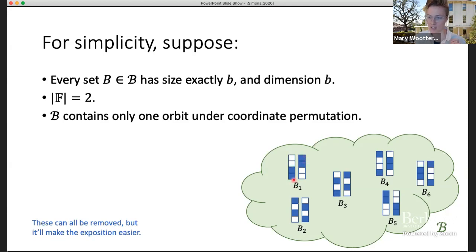So in this case, each of these bad sets has size exactly 2 and also dimension exactly 2. In this case, these 2 vectors are linearly independent. Let's also, just for ease of drawing things, assume that the size of F is 2. And let's also assume that curly B contains only 1 orbit under coordinate permutation. So all of these assumptions can be removed. It's just going to make the exposition a little bit easier. So basically, we're just assuming that the situation looks like this little toy example curly B that I had before.